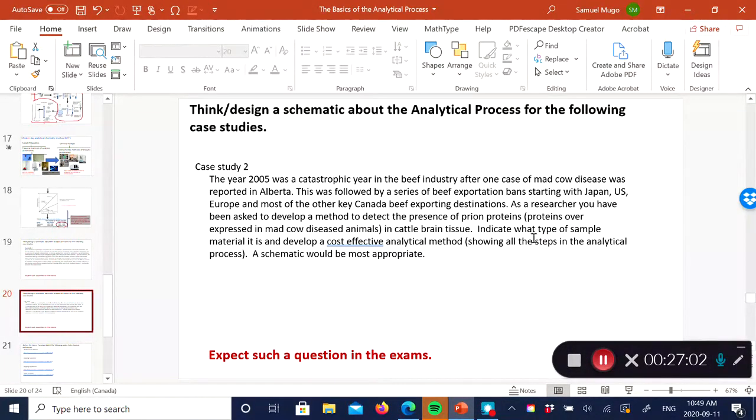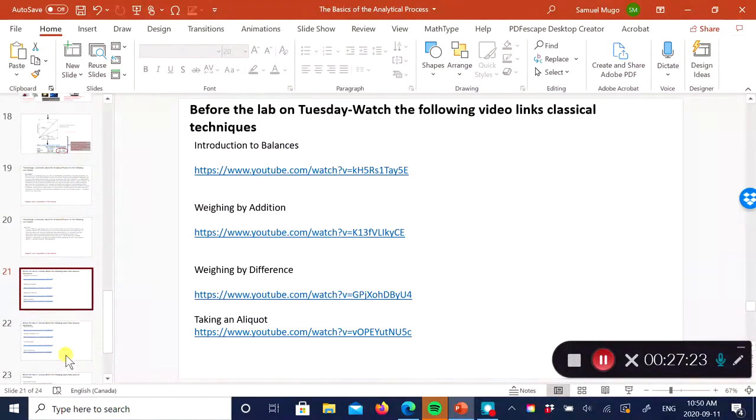Indicate what type of sample material this is, and try to detect the prion protein to determine if a cow has this disease. So again, a schematic of the analytical process. Expect this type of question in the exam.